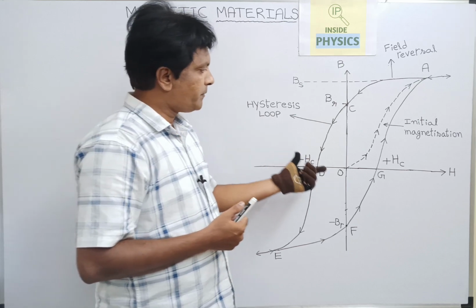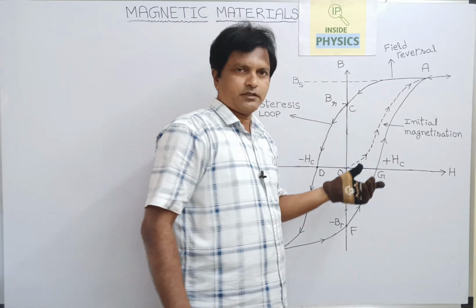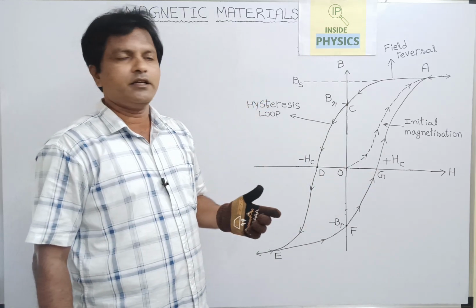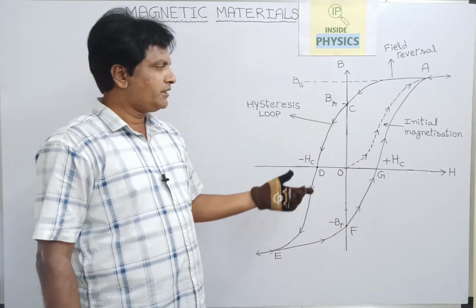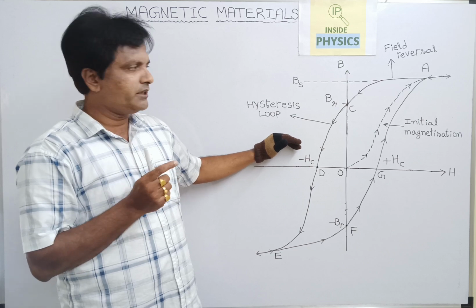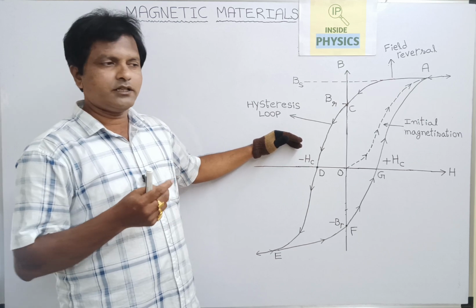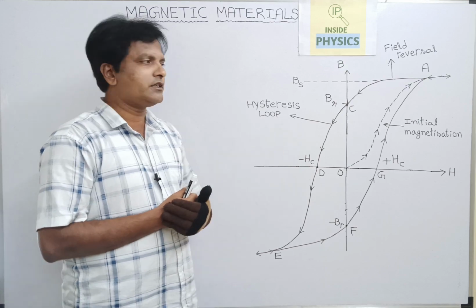It is the energy spent to orient all the domains inside a ferromagnetic material into the magnetic field orientation. We will see how the domains are related to this hysteresis process also.